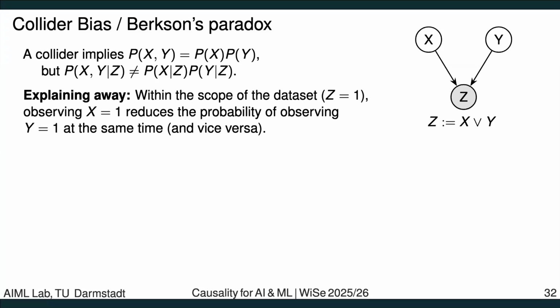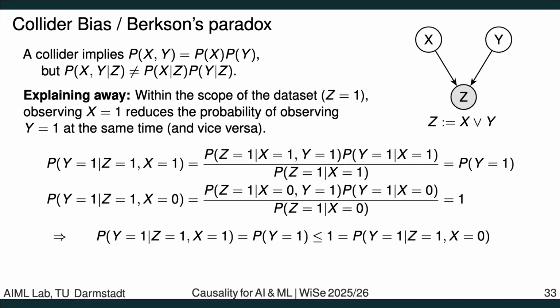And in our data set, we only observe those images that are included in the data set. So we observe this subset. And basically, what happens then is that we expose our models to a data distribution that is the outcome, so it's the prediction conditioned on Z equals 1.